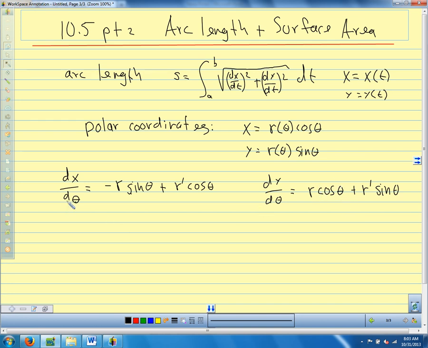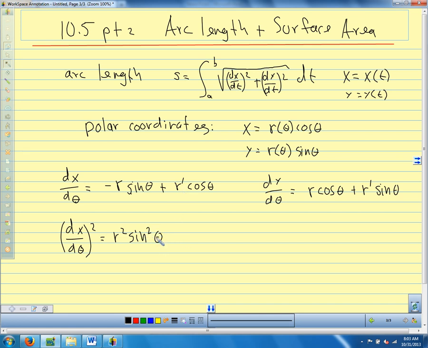And now we're going to square these. So dx d theta squared. And what do we get? R squared sine squared theta.